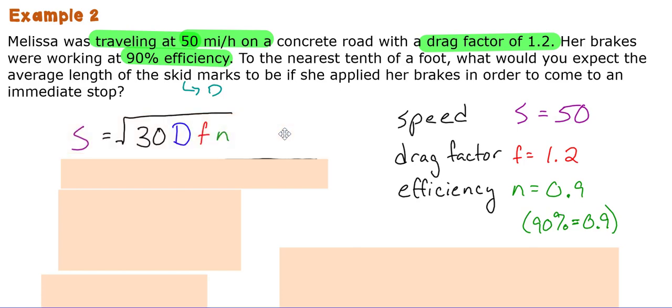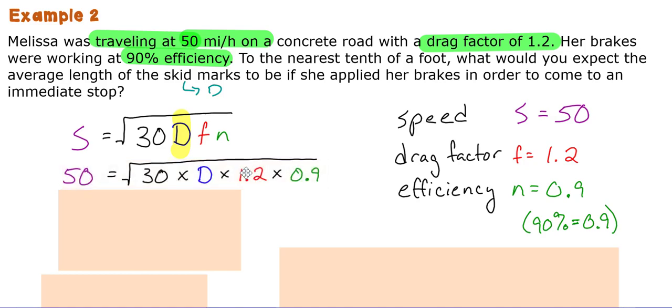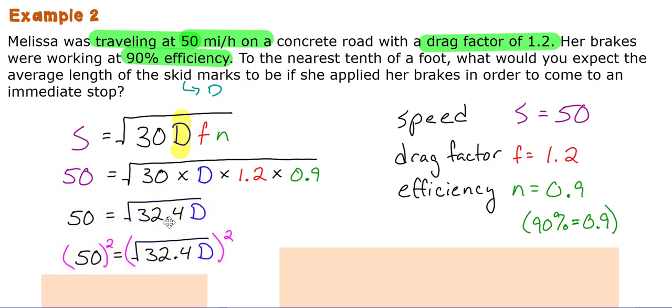So in our formula, just like before, we're going to plug everything in. The only difference is we're going to be looking for the D variable. So we're going to plug in everything else but the D. So 50 equals the square root of 30 times D times 1.2 times 0.9. And we solve for underneath and we get 3.24D.